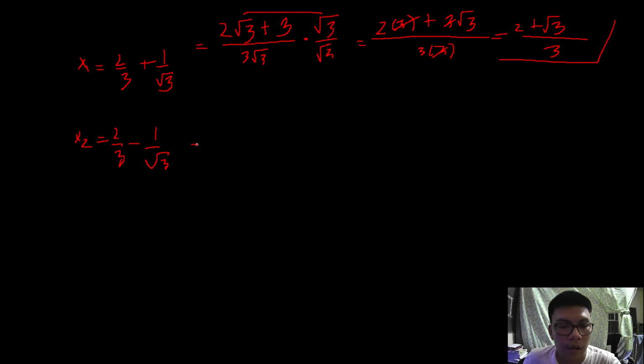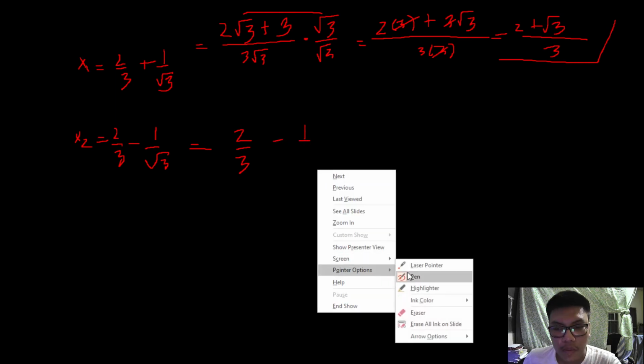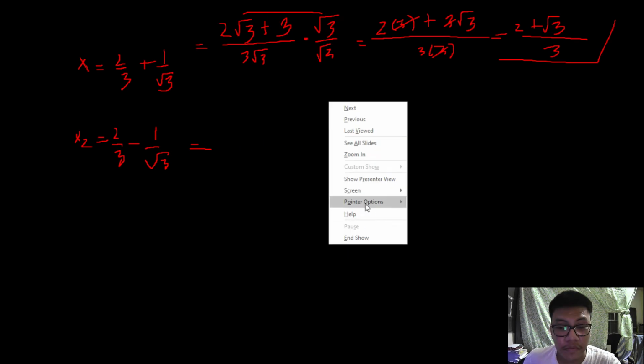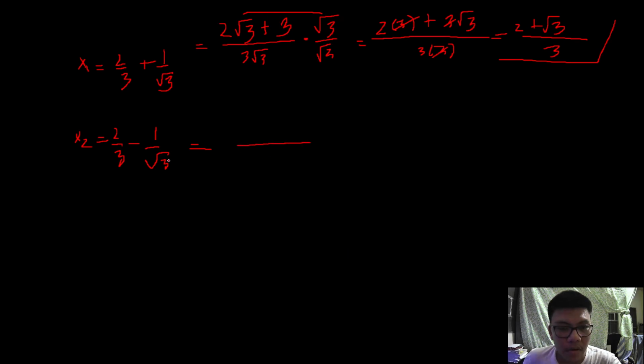Or dito naman, 2 over 3 minus 1 over square root of 3. So, diba nire-write ko? Okay. So, yung ating 3 over square root of 3 na LCD. So, ito, may 2 times square root of 3 minus, okay, dito naman, 3. So, dahil square root of 3 times square root of 3 divided by square root of 3, that will be equal to 3 times 1. So, negative 3.